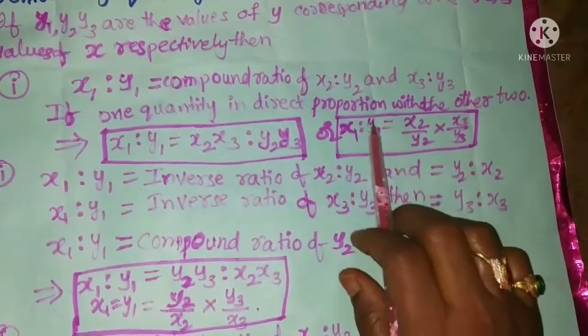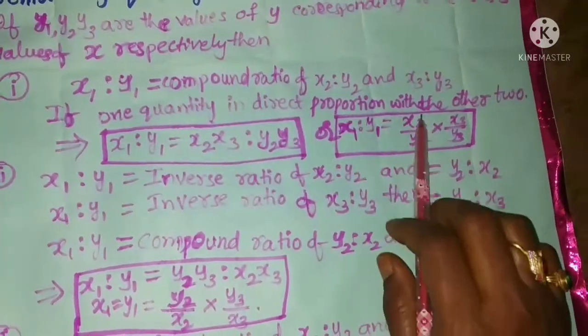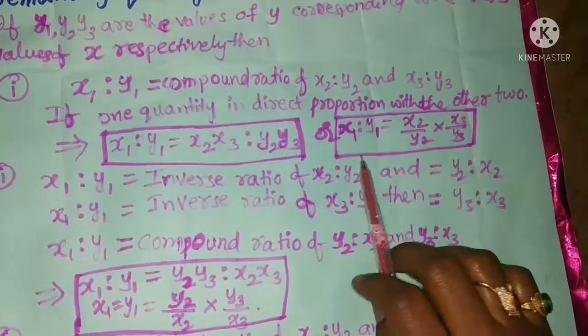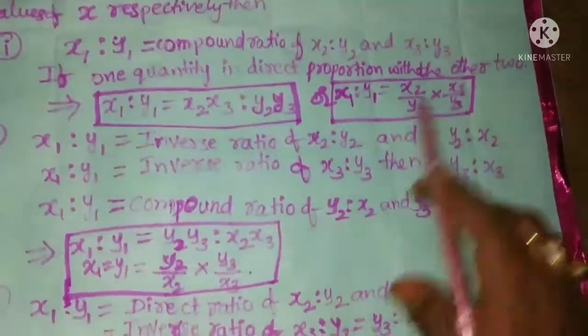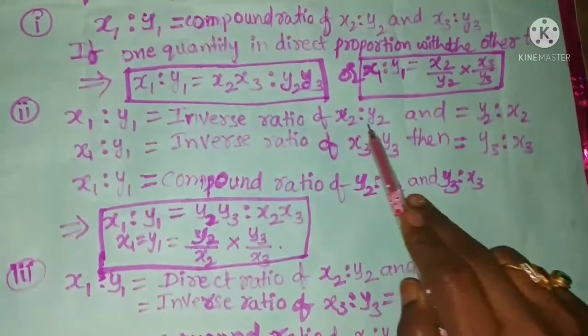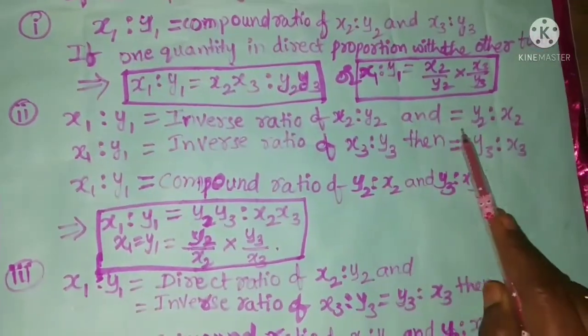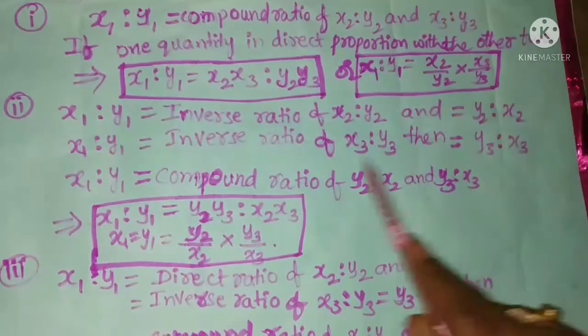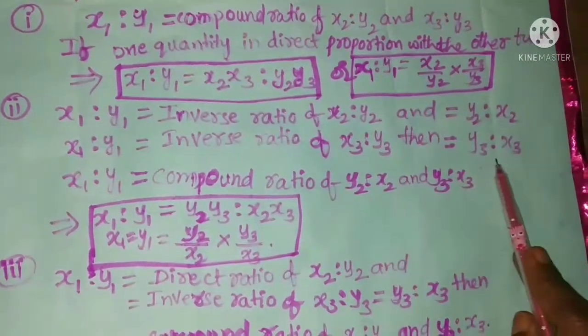These are direct ratios. x1 by y1 is equal to x2 by y2, it is a direct ratio. x1 by y1 is equal to x3 by y3, it is also a direct ratio. So we take the product of the direct ratios. Second, inverse ratios: the inverse of x2 is to y2 will become y2 is to x2, and here also y3 is to x3.